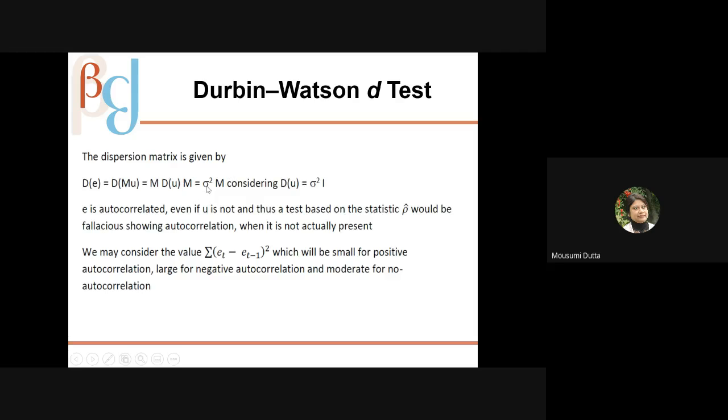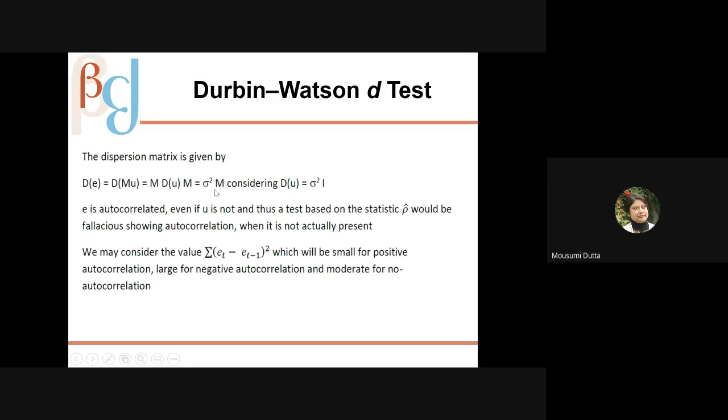So the dispersion matrix of u is given by sigma square I. And if I multiply this by M square, which is equal to M, it becomes sigma square M. So the dispersion matrix of e is not sigma square I. Rather, it is sigma square M. So remember that e is autocorrelated even if u is not. u is sigma square I, non-autocorrelated.